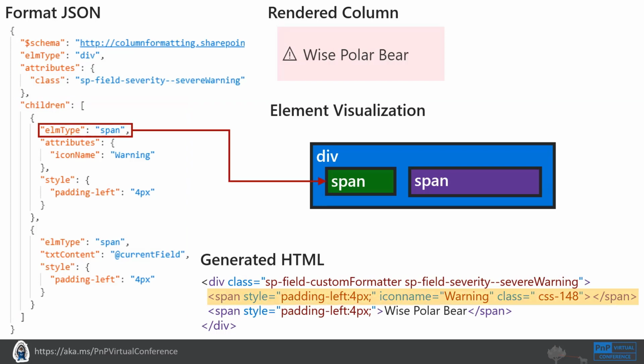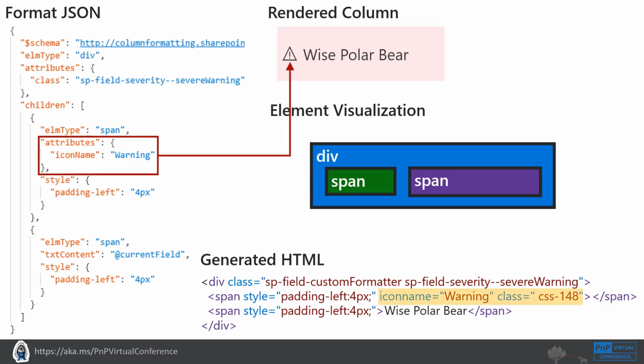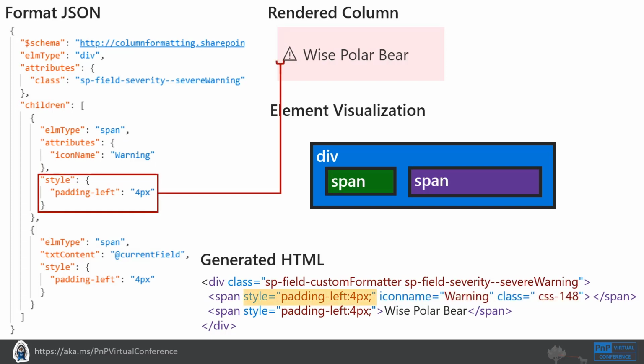Our first one is just a span, which is a tiny box, and we want to put an icon in there. There are 2,000 plus icons, and all we have to do to get them to show up is write their name right there. In this case, we're using the warning icon, which is where that triangle with an exclamation point comes from. Now we're adding some style on here, so we just want some padding on the left, because we've got that background and we don't want that icon right up on the edge.